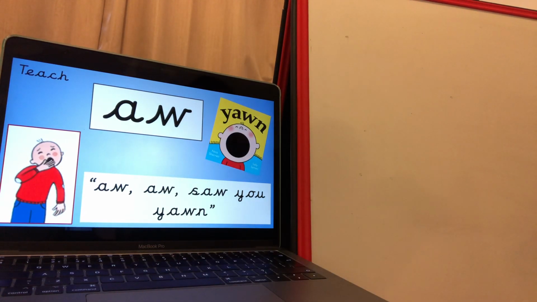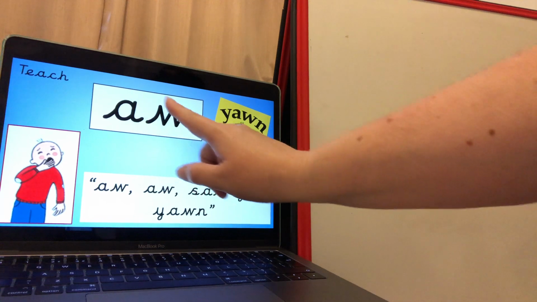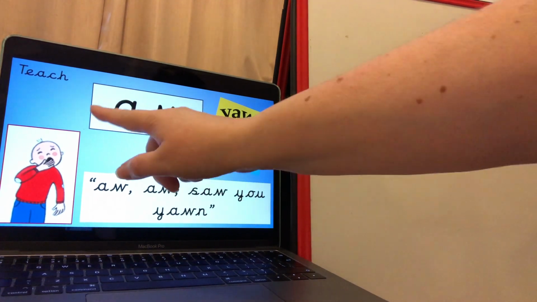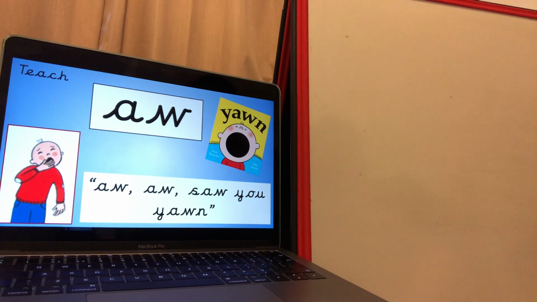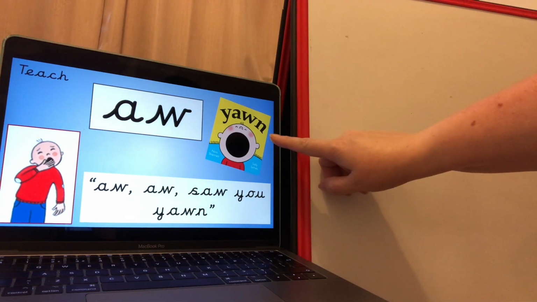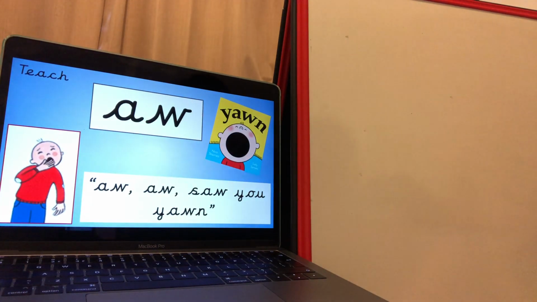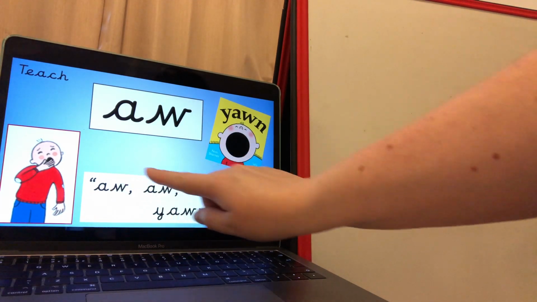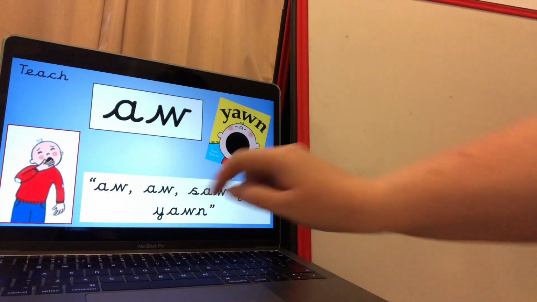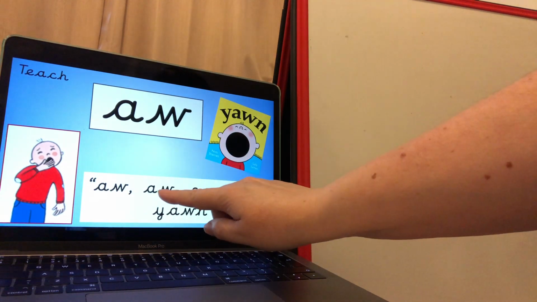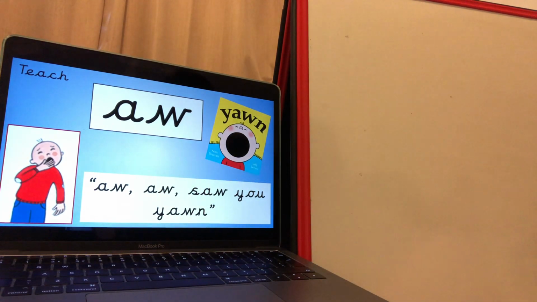Okay, and today we're going to focus on another digraph which also says or, but this one is spelt with an A and a W. They work together to make or. When we learnt this in school, we used the book Yawn. So you need to hold your hand in front of your mouth and pretend to yawn as you're saying or, saw you yawn.